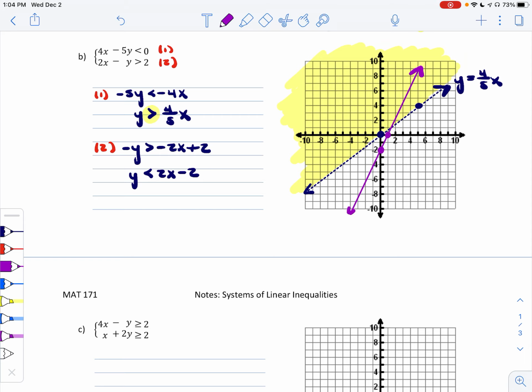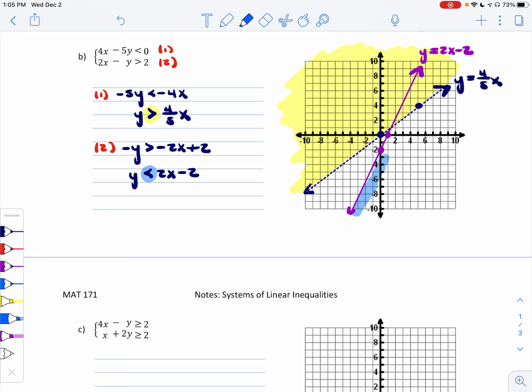And we have our second equation. Okay, and this time we are looking for where y is less than 2x minus 2. So we want everything that falls below that line. So everything below that line.